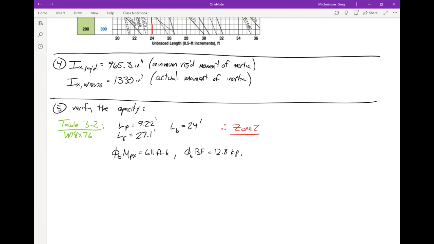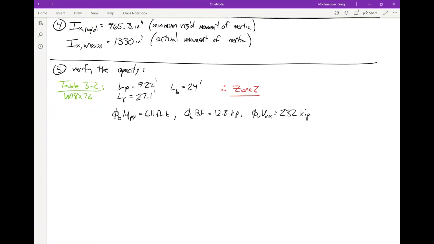And while I'm at it, I'm not going to need this for zone 2 analysis, but I might as well go ahead and write it. I'm going to need the shear capacity, and the shear capacity is 232 kips. And so I got this. It's going to be pretty straightforward.